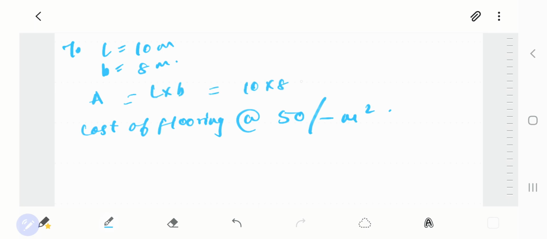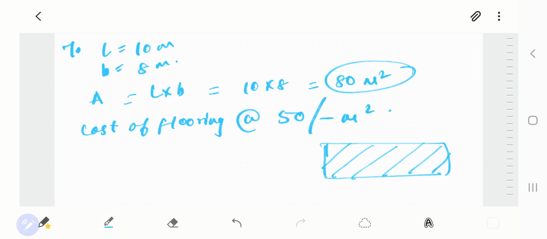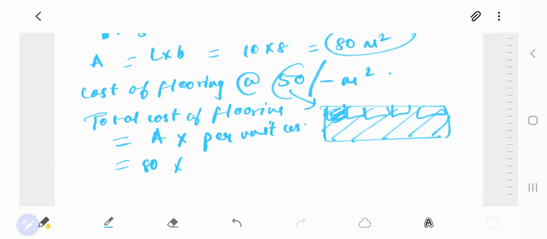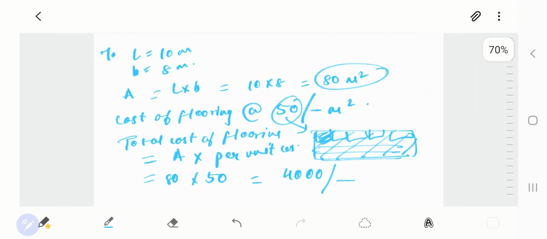That means 10 into 8, that means 80 meter square. Once you have 80 meter square as the entire area, and the flooring cost is 50 per meter square, how will you get the total cost of flooring? Total cost of flooring will be area into per unit cost. Area is 80, and per unit cost is 50. So from there you will get 4,000 as the cost of flooring. Is that point clear?